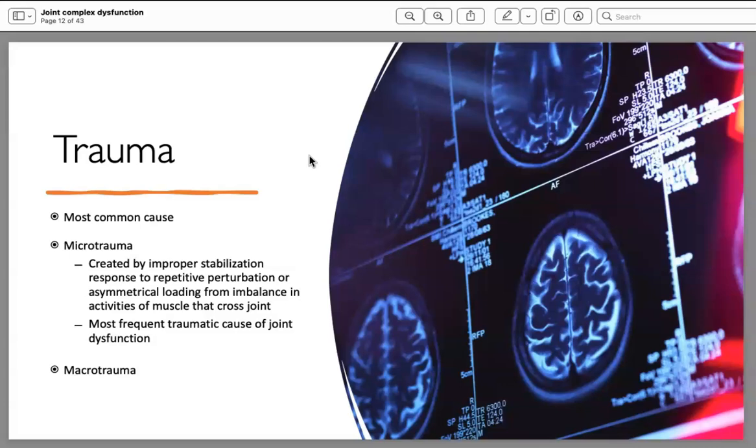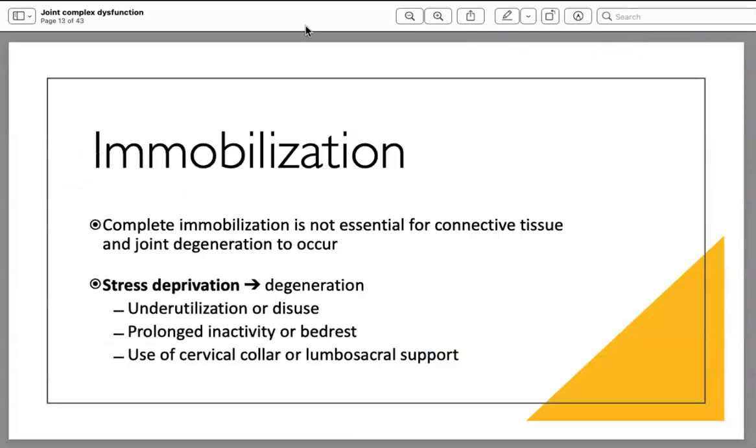So it's kind of like that crossover of macro trauma and immobilization. Because when we're talking about immobilization, we know, and I believe this was a quiz question, if not a midterm question, complete immobilization is not essential for connective tissues and joint degeneration to occur. So when we think of immobilization, we're also just thinking of joint restriction.